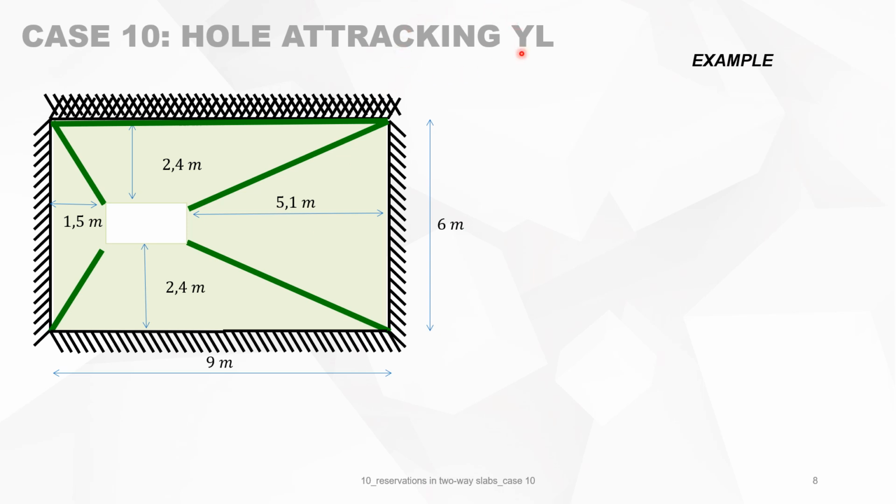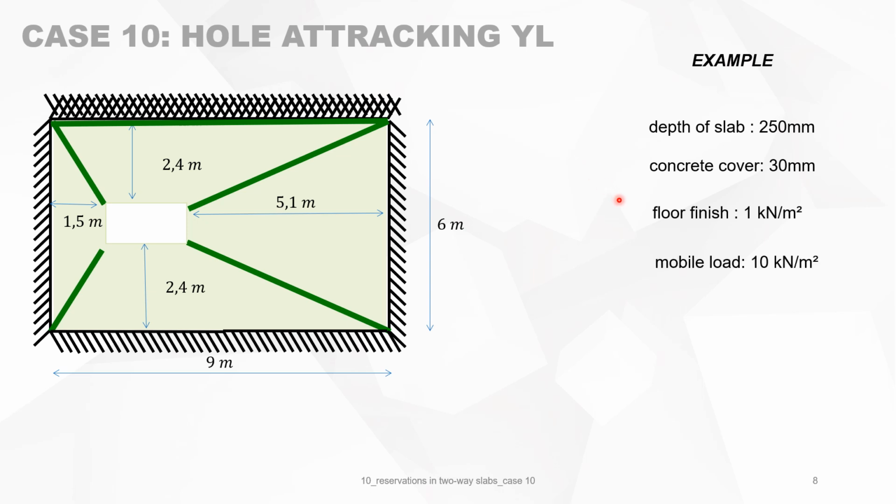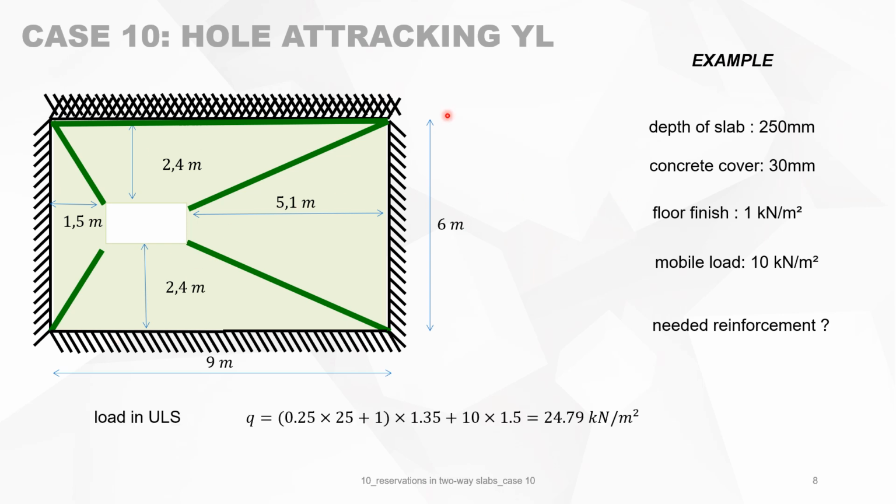In the case 10 of tracking yield lines, so it's very simple from corner to corner. The depth of the slab is 250, the concrete cover 30, floor finish 1 kilonewton per square meter, a mobile load of 10 kilonewton per square meter, and what is the needed reinforcement. First, we calculate the load in ultimate limit state.